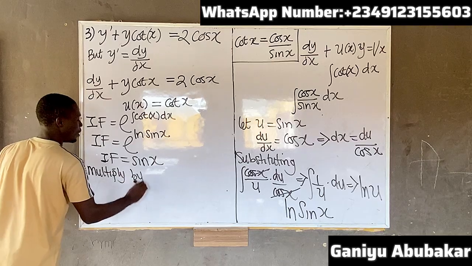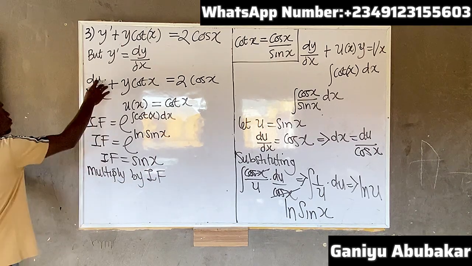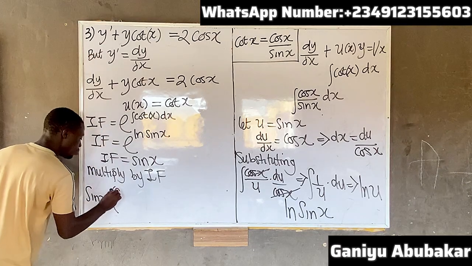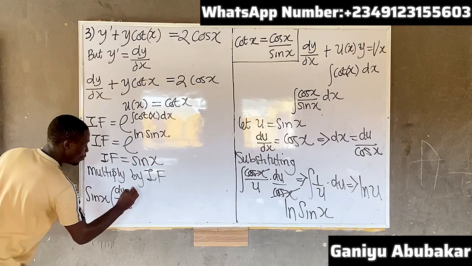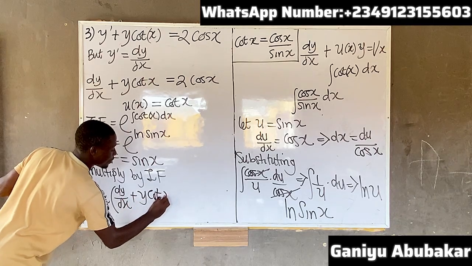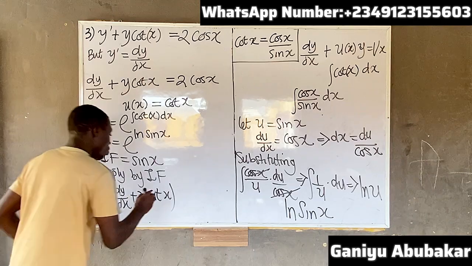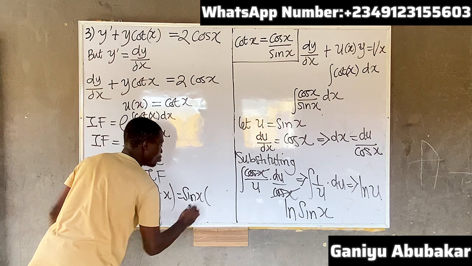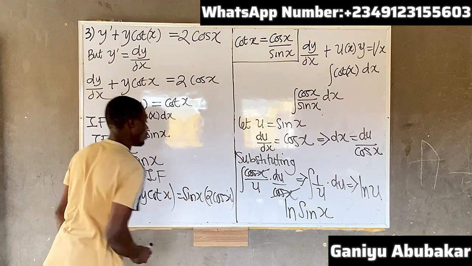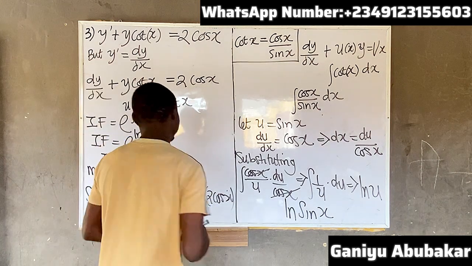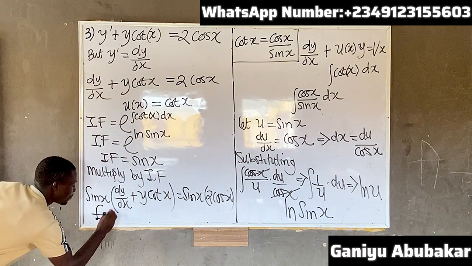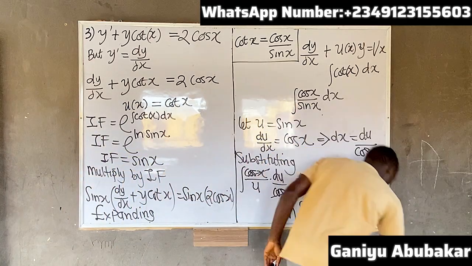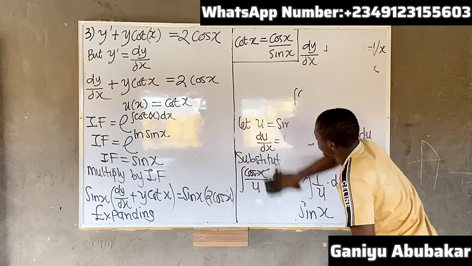Multiply by IF, the integrating factor. That gives you sine x first, so sine x into this one gives you dy dx plus y cot x, is equal to sine x into 2 cos x. Expanding, what do we get?